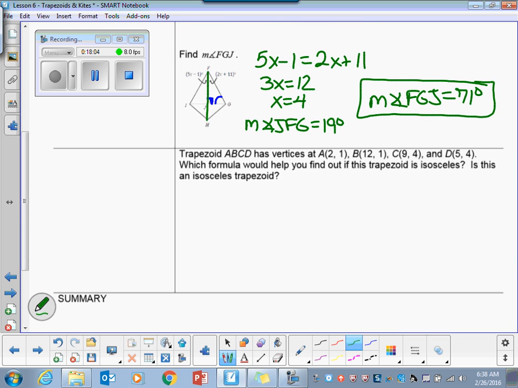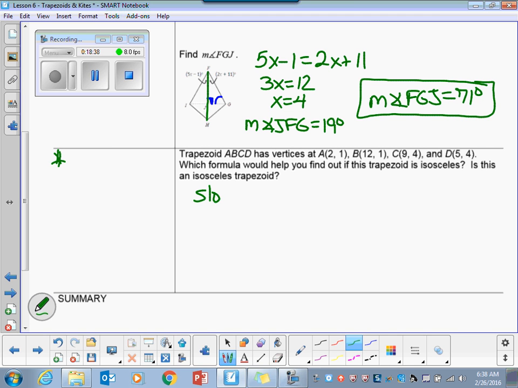All right, another guiding question here. This one asks me about a trapezoid. I've got vertices, and I'm asked what formula would help me find out if this trapezoid is isosceles. So if I want to know if it's isosceles, I have to have a trapezoid, number one. And I have to have the non-parallel sides congruent in order to be isosceles.